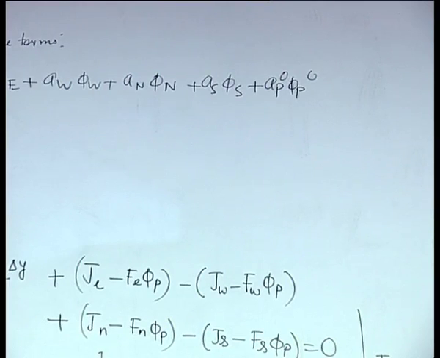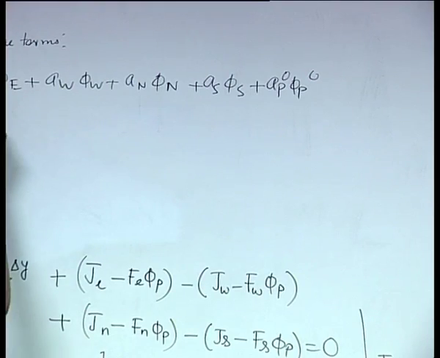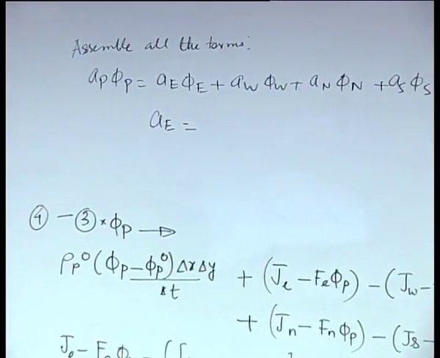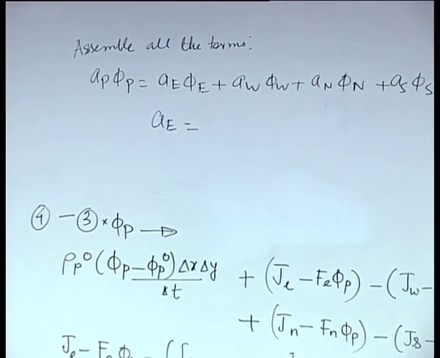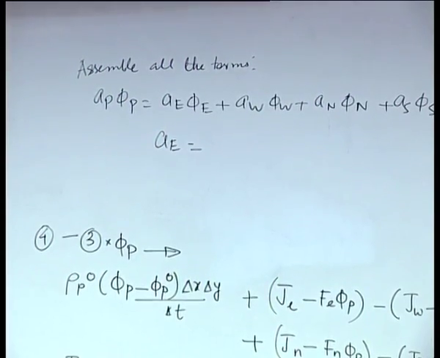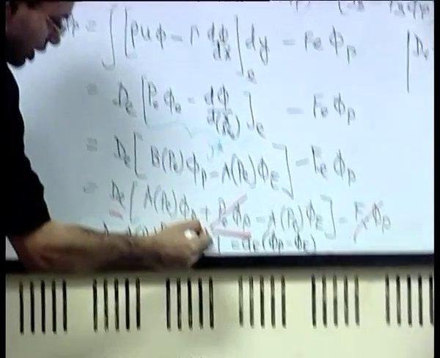Out of this, how can you define what is AE, for example? In this particular form, where has it come from? It has come from the multiplier with phi e.